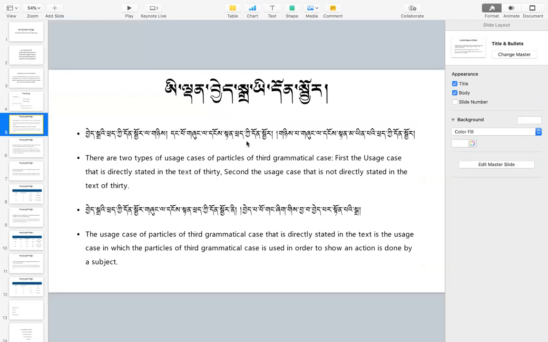So during the next class, we are going to discuss the second type of usage case, the usage cases that are not directly stated in the text but are inferential. We understand these usage cases through the text of Smriti Gyana, the Armor of Speech.